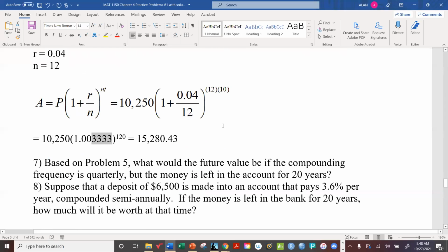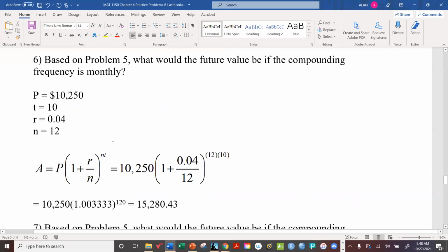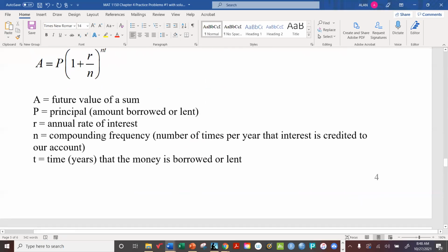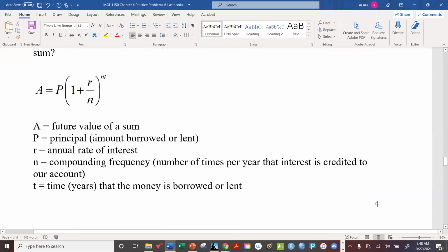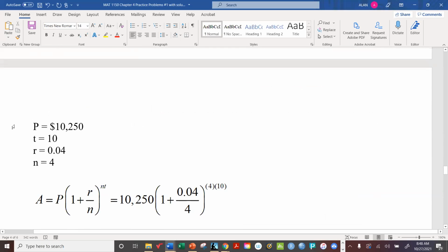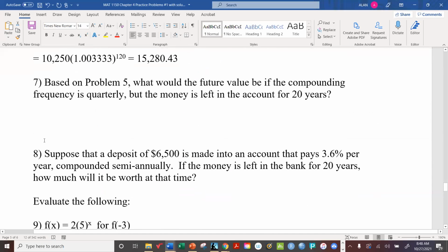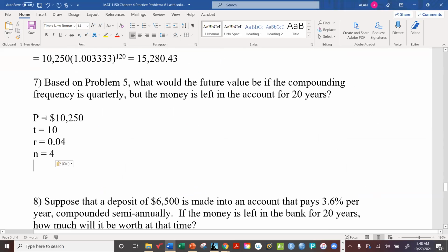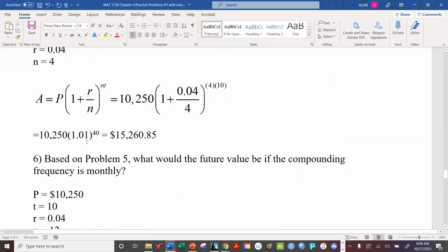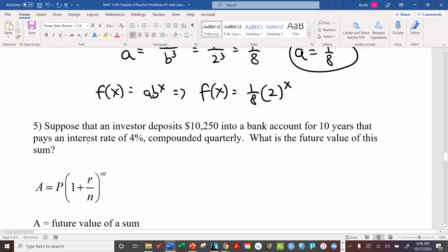Now, for this one, we're supposed to go back to the chapter, problem 5, this original question. And this time we're going to change not the compounding frequency, but the length of time in which we leave the money in that account. Okay, in other words, we're going back to our original assumptions in part 5.